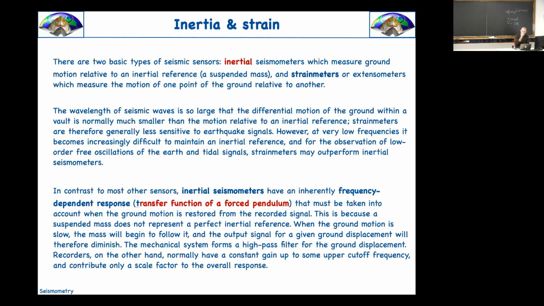With the same amplitude, I can get different answers depending on whether I'm near the natural frequency or farther from it. So inertial instruments have a specific transfer function, or if you want, a different Green's function. Remember, the Green's function is the delta excitation of the inhomogeneous problem.